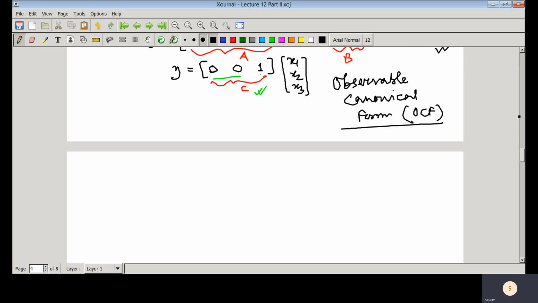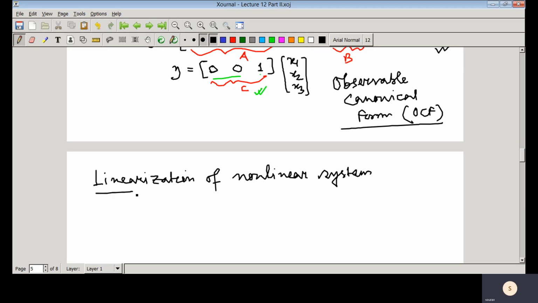So now we will discuss the linearization of nonlinear systems. So far we have discussed linear time invariant systems.